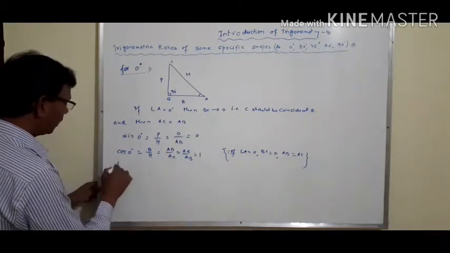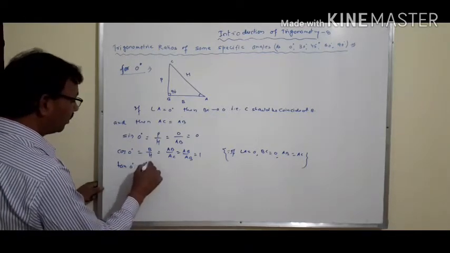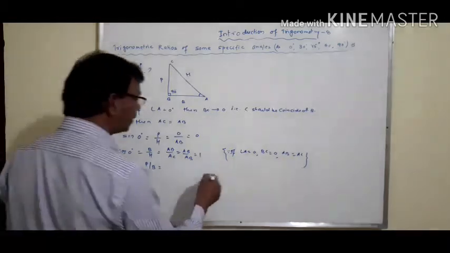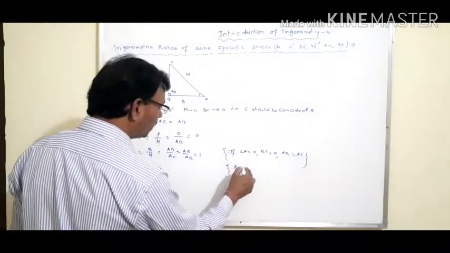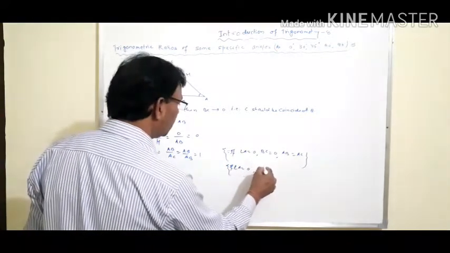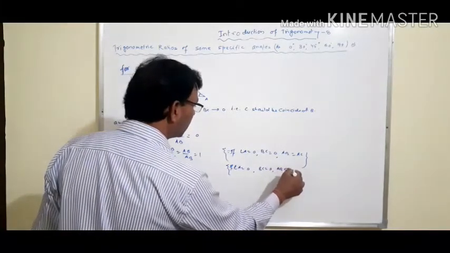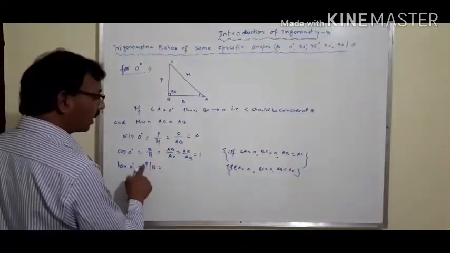Now we take tan 0 degree equals perpendicular upon base. If angle A equals 0, then BC equals 0 and AB equals AC.